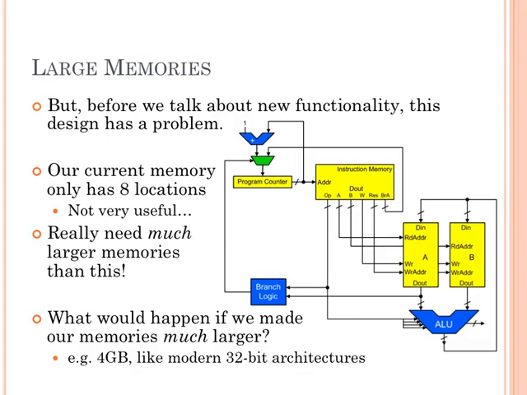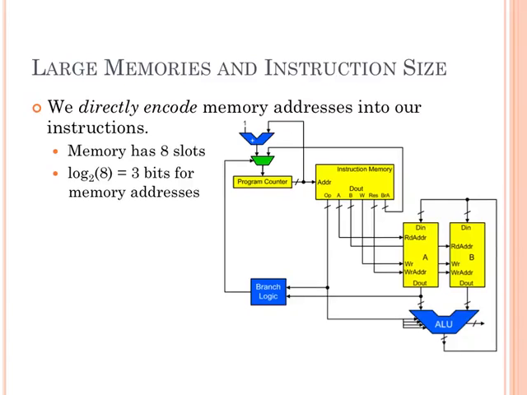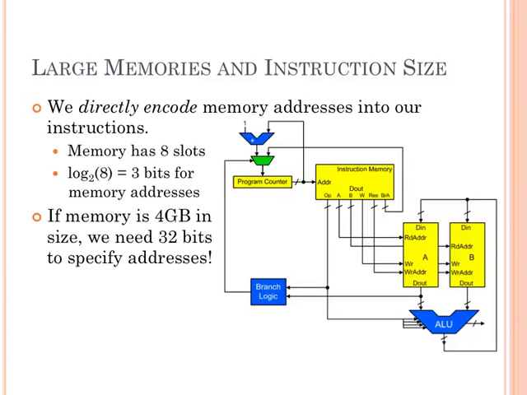So what will happen to our system if we decide to increase our memory banks to 4 gigs instead of 8 bytes? Yeah, it increases by a lot. Everybody see that? So if I have 4 gigs of memory, so I have 4 billion, give or take, memory locations, then I need 32 bits to address those memory locations. And right now I'm hard coding my memory locations into my instructions. So I can sit down and do some math.